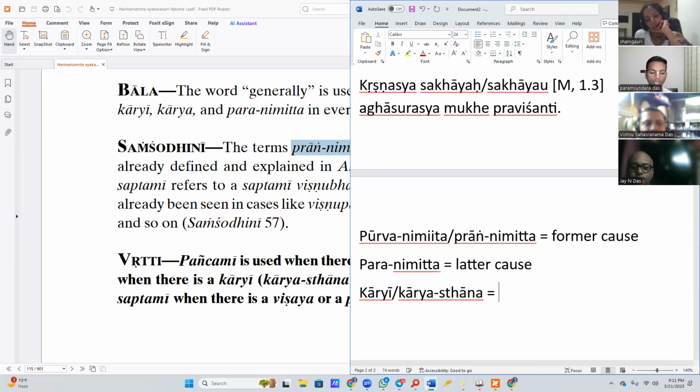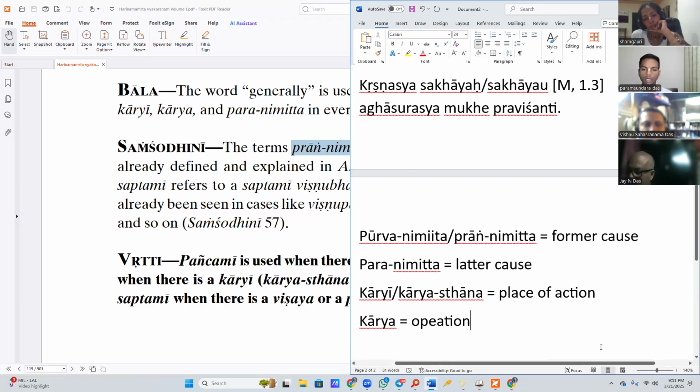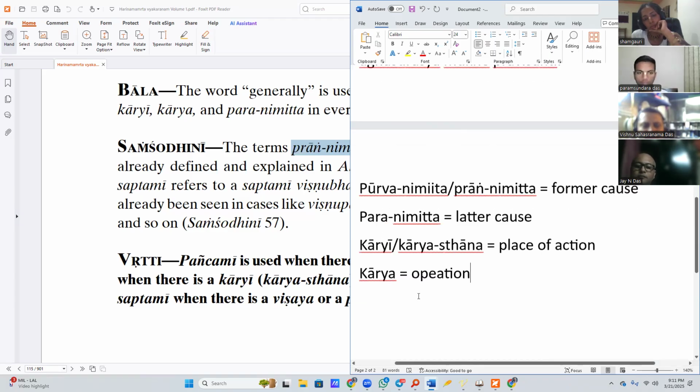This is the place of action or operation where we apply any vidhi. And another thing is karya. Karya means the operation itself, the vidhi itself. These are the main terms: purva nimitta or prang nimitta, paranimitta, kari, karyasthan, and karya.